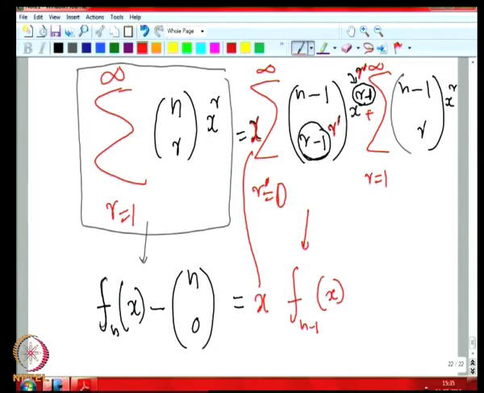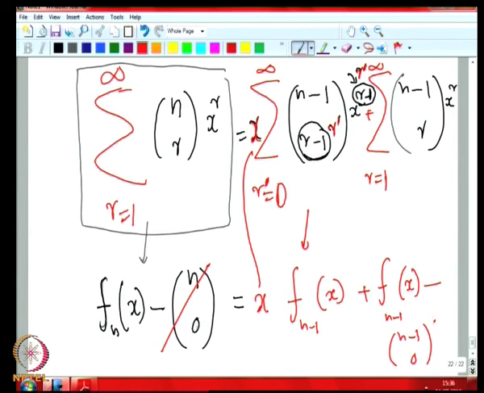Here we have n minus 1 choose r into x raised to r, and that is going from 1 to infinity. If r is going from 0 to infinity, we could have just written f n minus 1 of x here, but then we have to subtract the first term because we did not take the first term here. So, that is n minus 1 choose 0 into x raised to 0, anyway that is 1. But n choose 0 and n minus 1 choose 0 both are 1. It's not that n was at least 1.